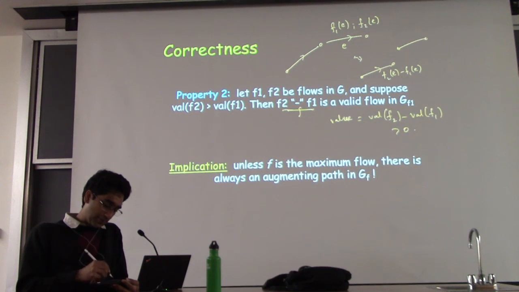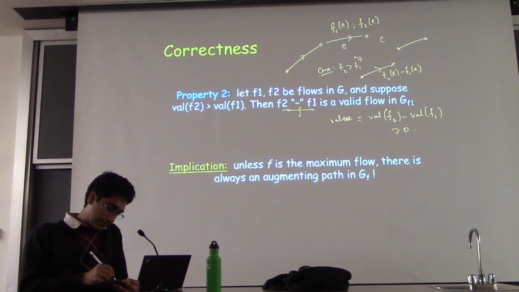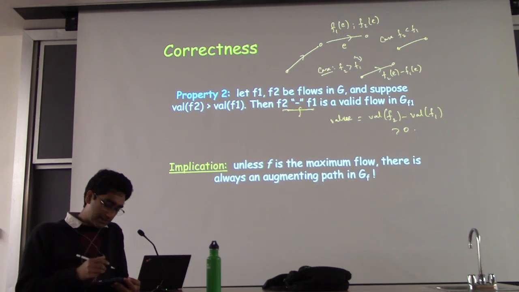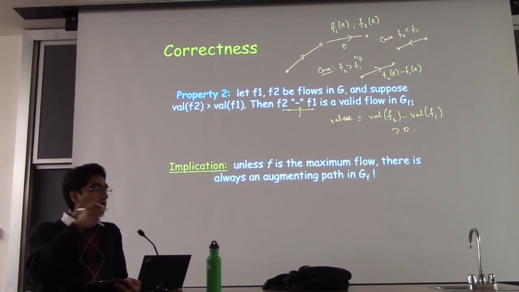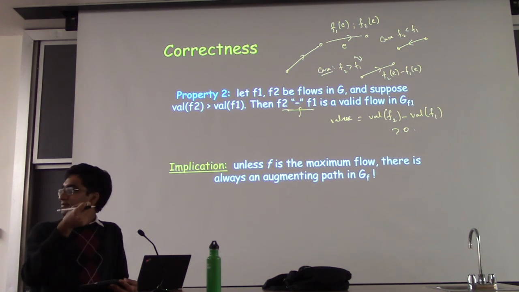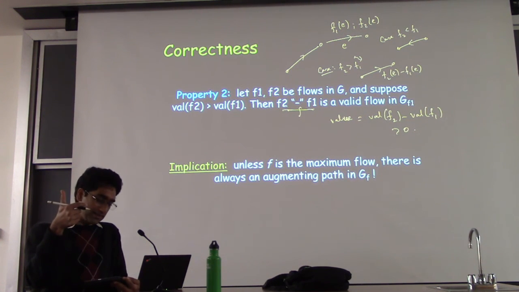So this is the case f2 bigger than f1, and this is the case f2 smaller than f1. In this case, we put some value of flow on the backward edge.